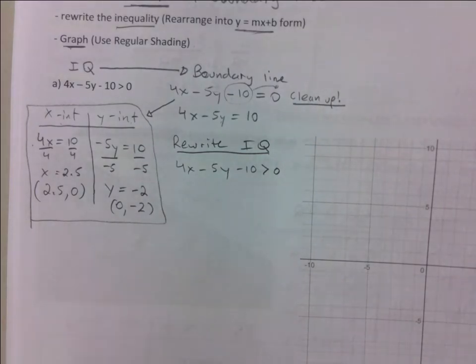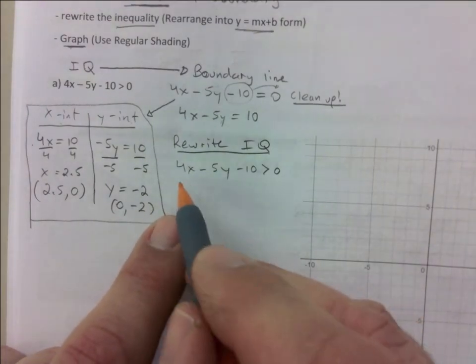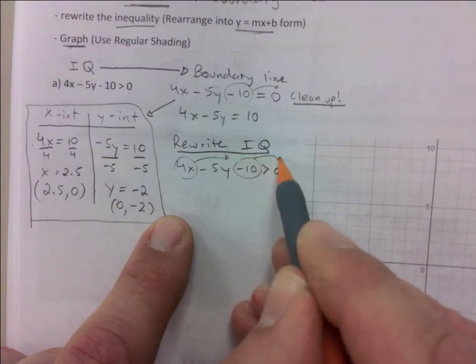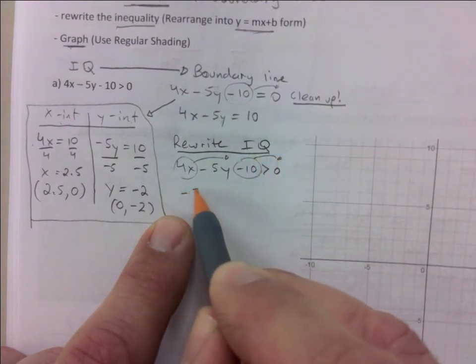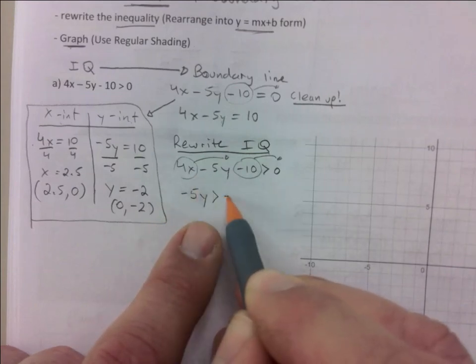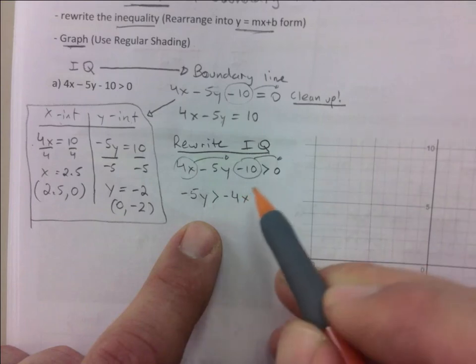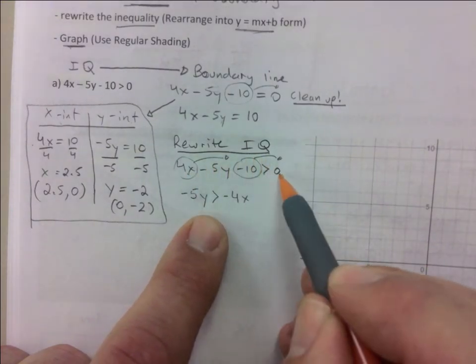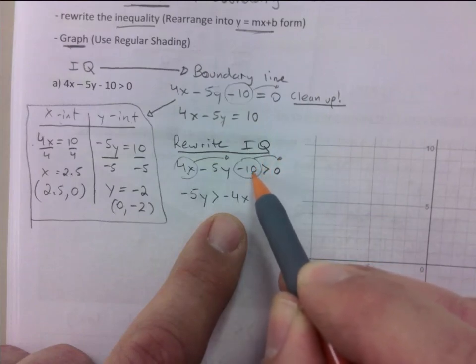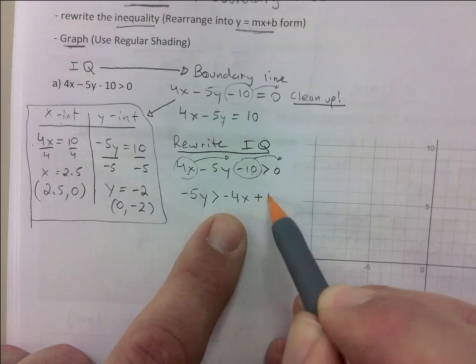By rewriting I mean isolate y, right? Isolate y. So I'm going to bring this over to the other side, and I'm going to bring this over to the other side. So I end up with negative 5y is greater than negative 4x, because the 4x turns negative when it comes over. The negative 10 also comes over, turns positive.